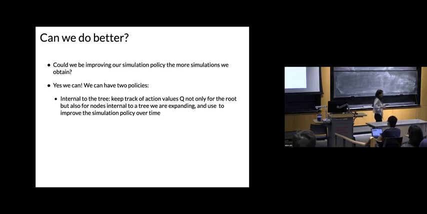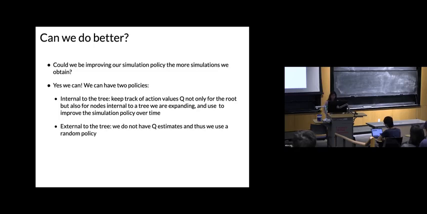Okay. So what Monte Carlo tree search does is it maintains one tree, and for that tree, it bookkeeps Qs for the state and actions, Q estimates. So you have two policies. One is the policy internal to the tree, and the other external to the tree. The external one, outside of the tree, we're going to still be playing randomly, but internal to the tree, we're going to be playing intelligently.